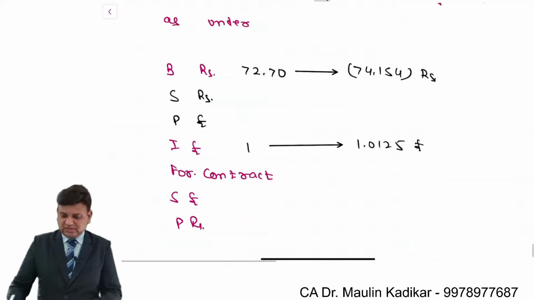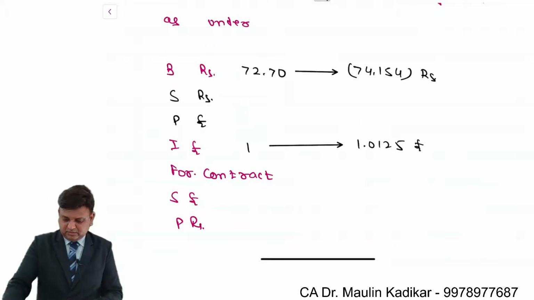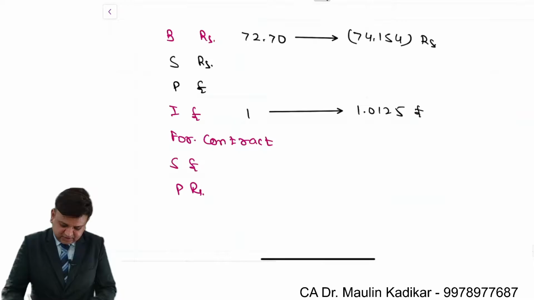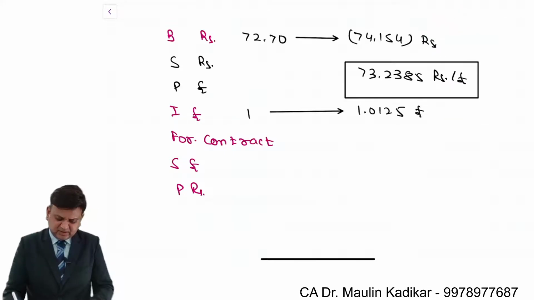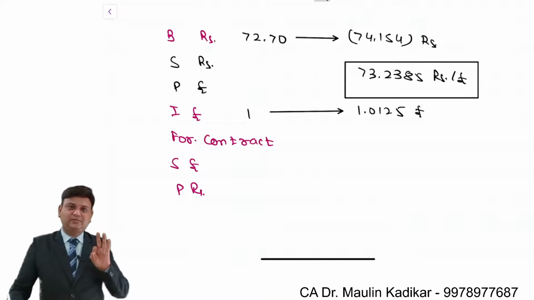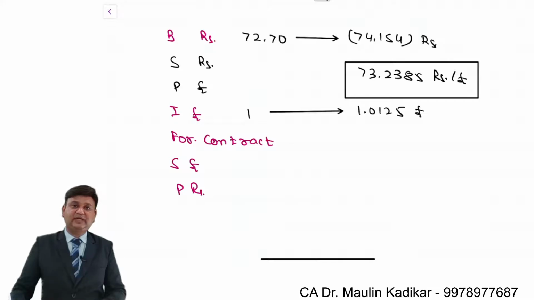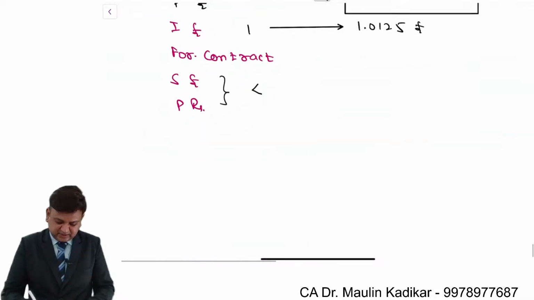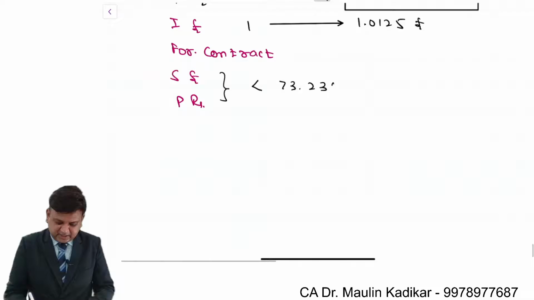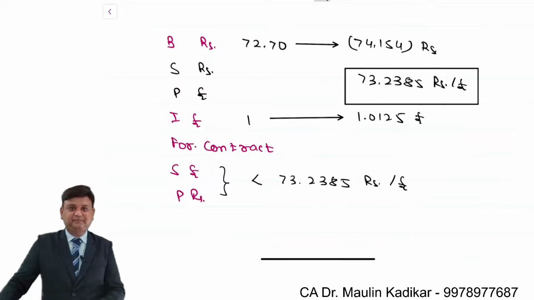And based on that, the cross currency rate would be found. 73.2385 rupees per pound. This is the cross currency rate. Now over here you have to be slightly careful. For every 1 pound you are going to get rupees, and we understand that you should be getting lower amount of the rupees. So for this transaction you should be having lower than 73.2385 rupees per pound.